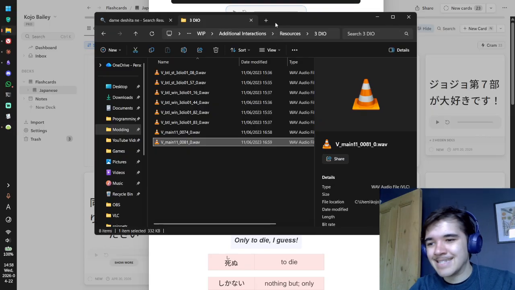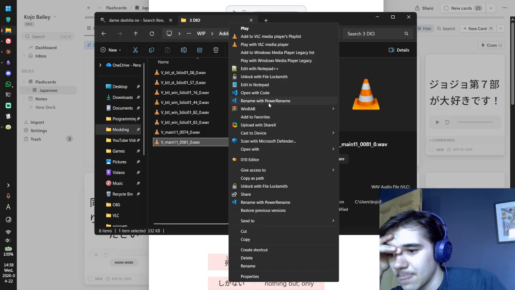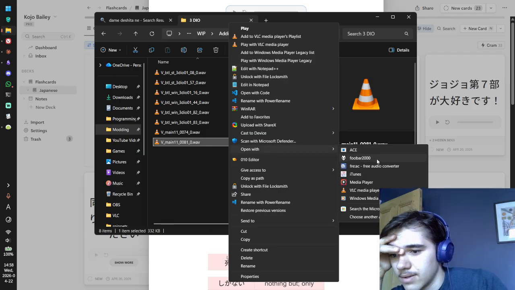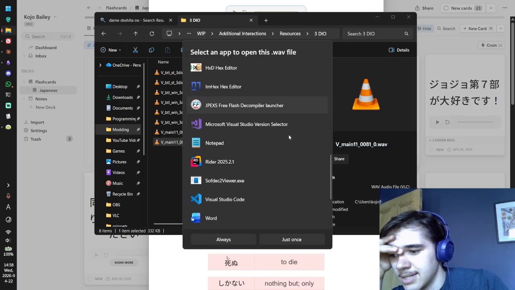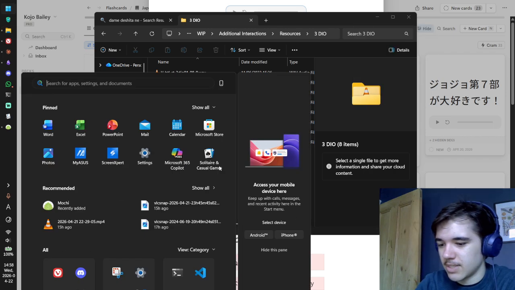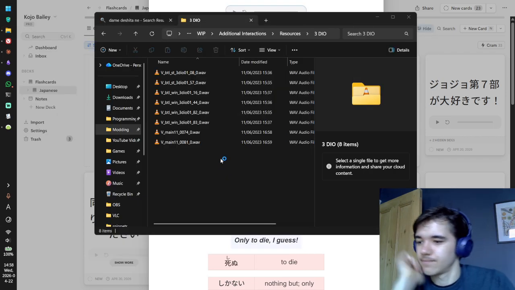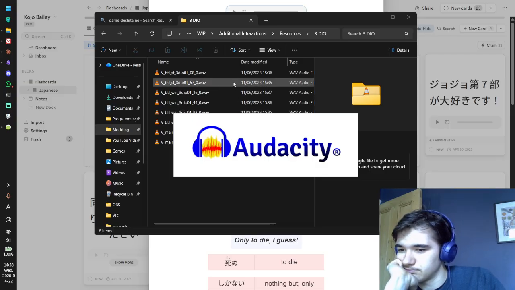I do need to edit it though. So let's open it in Audacity if you can. I do have Audacity. Weird that it doesn't show up as an option by default. But no worries.